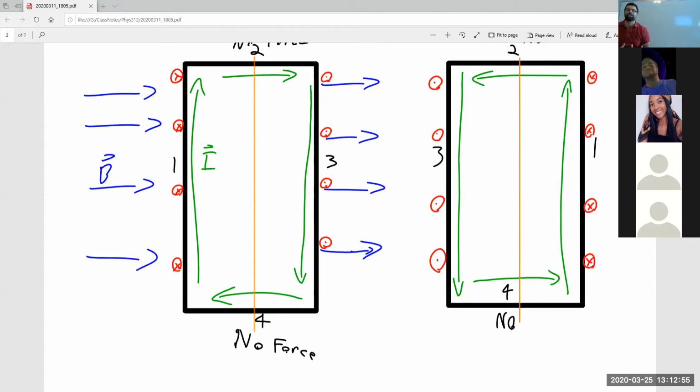This was the big difference between electric forces, which deal with just charge, and they only act on things with charge. But when we get to magnetism, suddenly it's all about moving charge. So moving charges create a magnetic field, and they're also the only thing that can experience a force from a magnetic field.